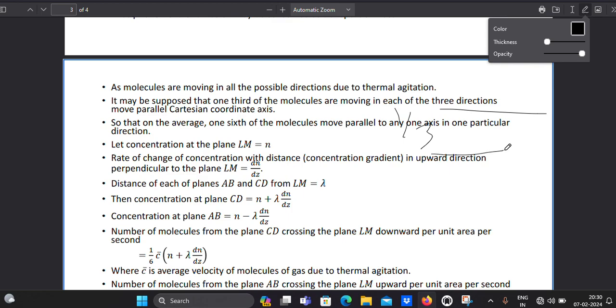That means in the x direction one third of the molecules, in the y direction one third, and in the z direction also one third of the molecules move. So on the average, one-sixth of the molecules move parallel to any one axis in one particular direction, since one third is along one axis, both directions together.